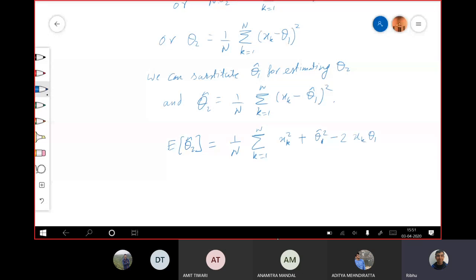Equals 1 upon n summation k equal to 1 to n xk square is mu square plus sigma square, as we have shown earlier, minus now the expectation for xk theta 1 hat.